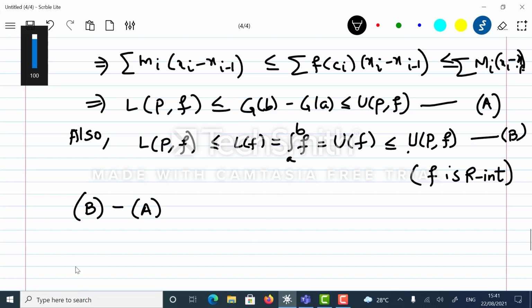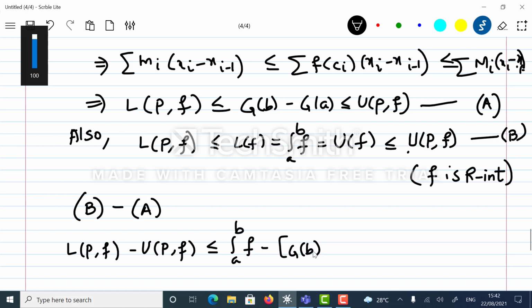So let me write down how it looks. B minus A I am doing, right? So here it will be LPF minus UPF, less than or equal to the integral a to b of f minus (g of b minus g of a), less than or equal to UPF minus LPF.